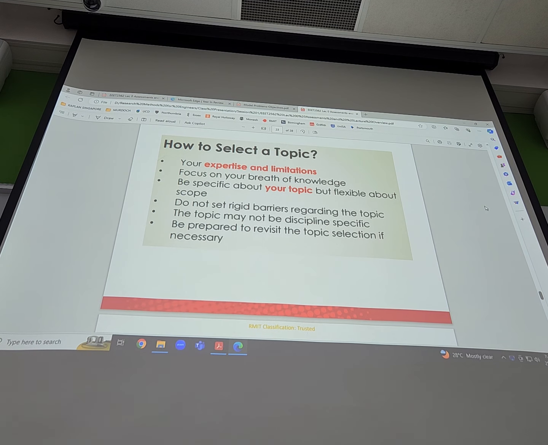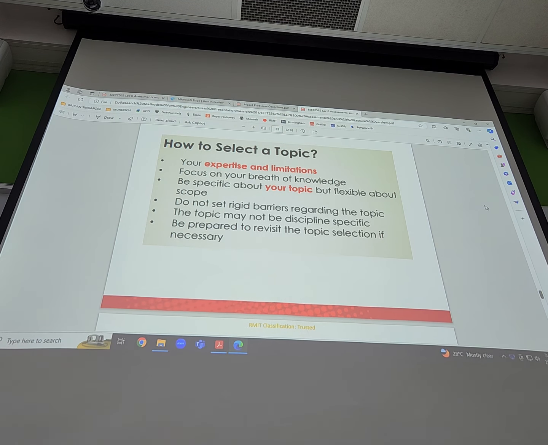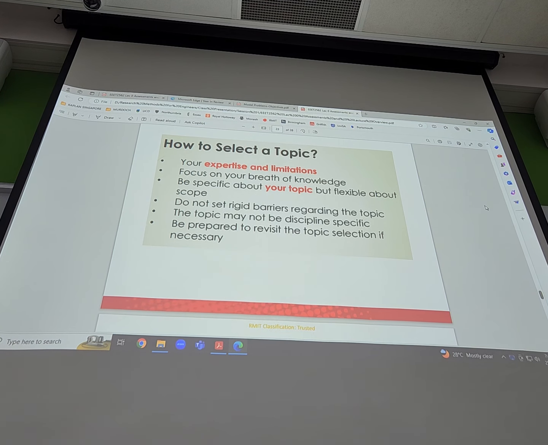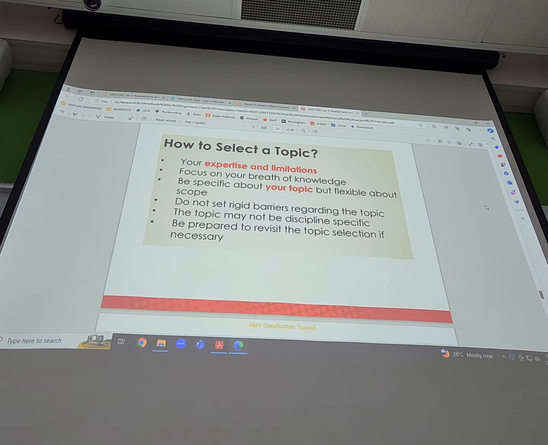How do you select a topic? Okay, it is all about your passion, your interest, and whatever facilities you have with you. The university will not provide you any facilities because you're an off-campus student, but you can always, if you want, go back to the campus and continue your studies.